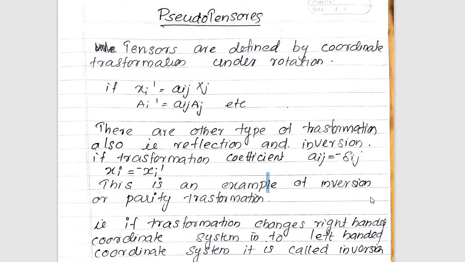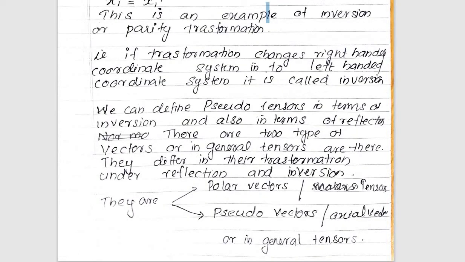This is an example of inversion or parity transformation. Under inversion, the right-handed coordinate system becomes a left-handed coordinate system. So if a transformation changes the right-handed coordinate system into a left-handed coordinate system, it is called inversion.